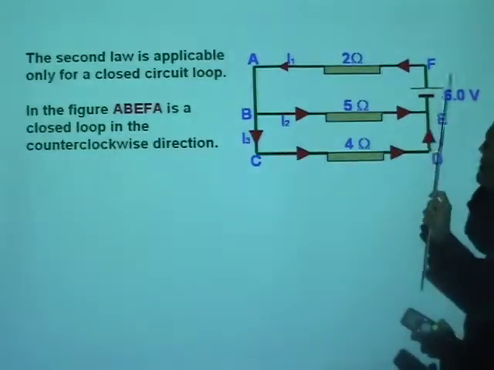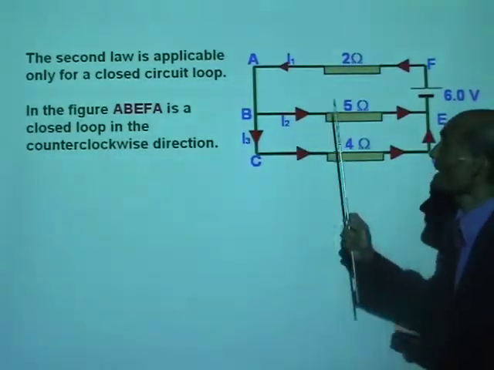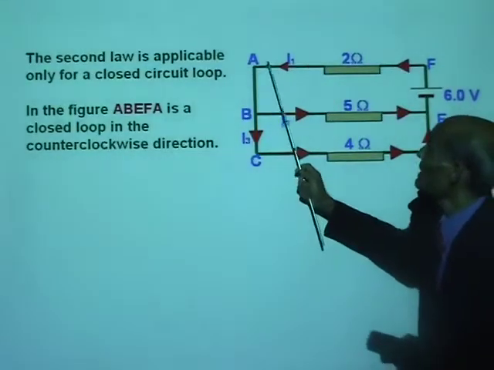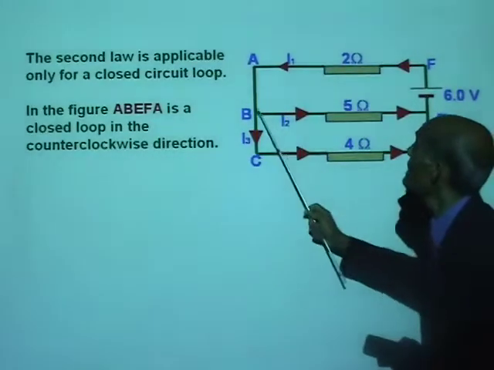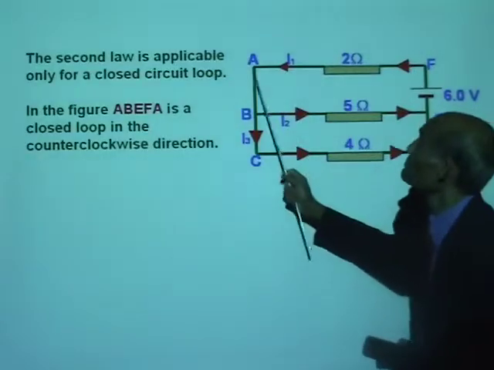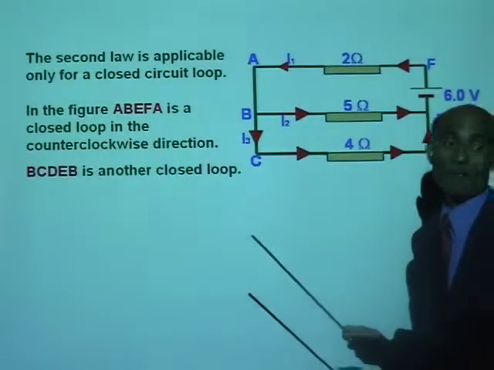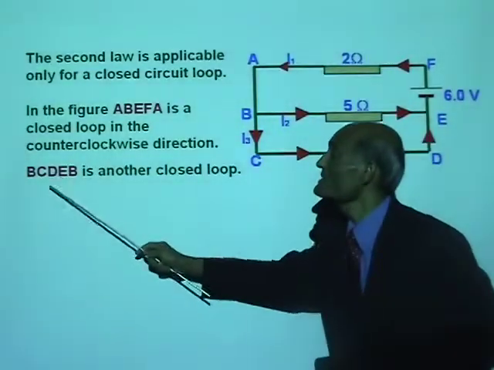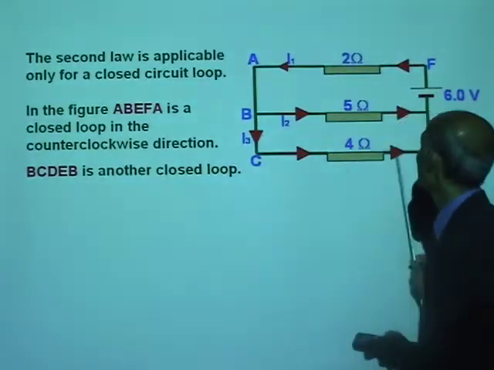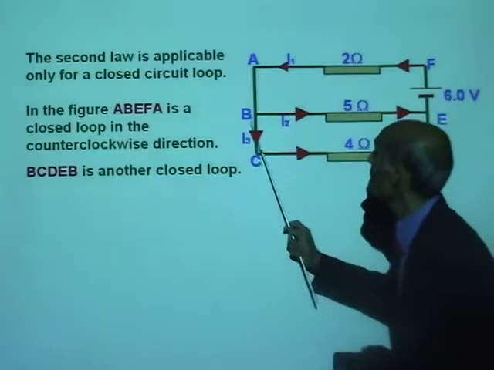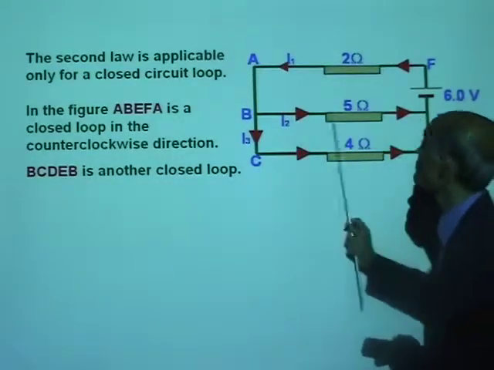Now tell me how many closed loops can be found in this circuit. A, B, E, F, A is a closed loop. Now B, C, D, E, B is a closed loop.